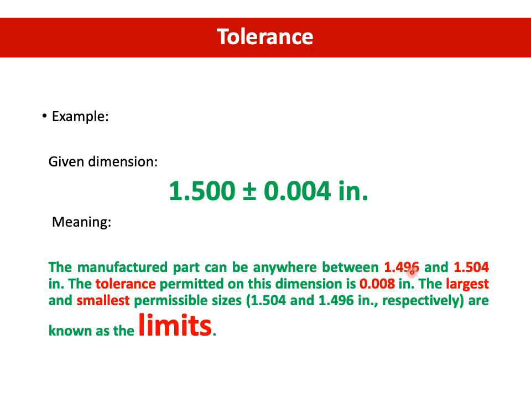This is your limit. The maximum limit is 1.504 and your minimum limit is 1.496. So what exactly is the tolerance value? Your tolerance value is the difference between your maximum and your minimum, which is 0.008 inches. Do you understand? You need to know what your tolerance is and what the limits are.